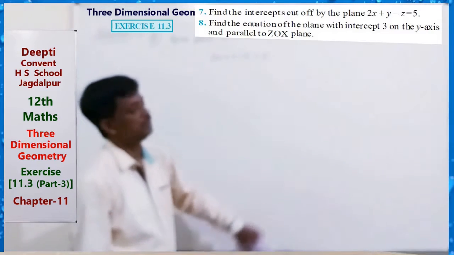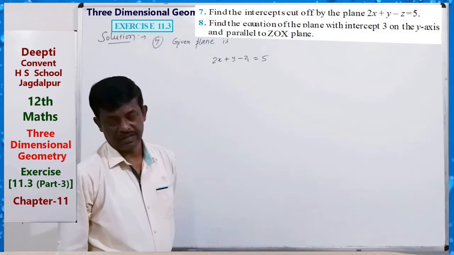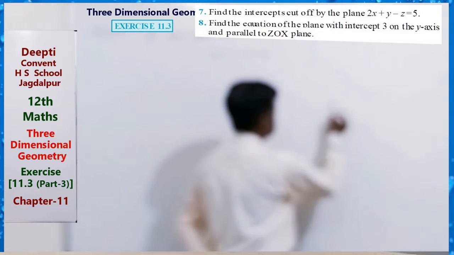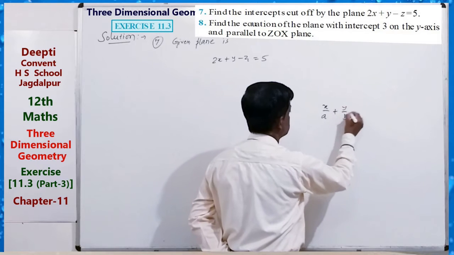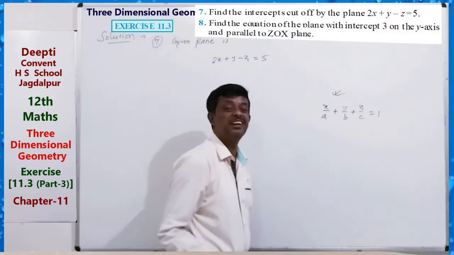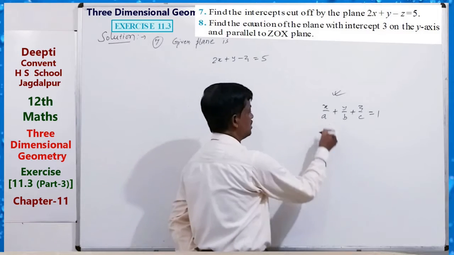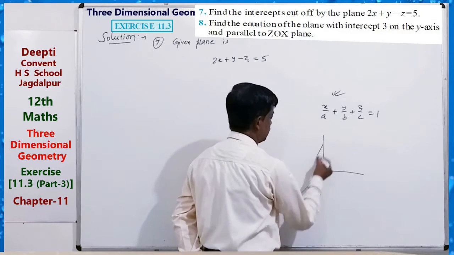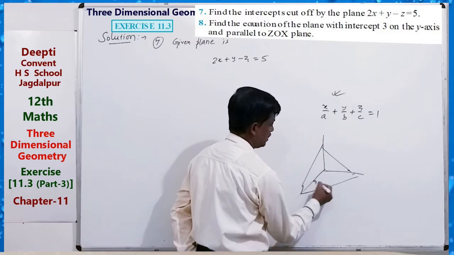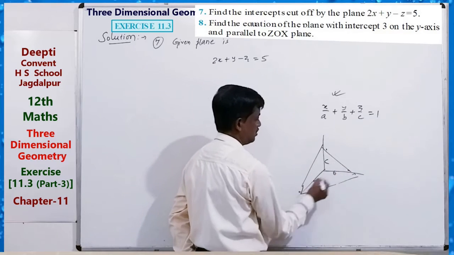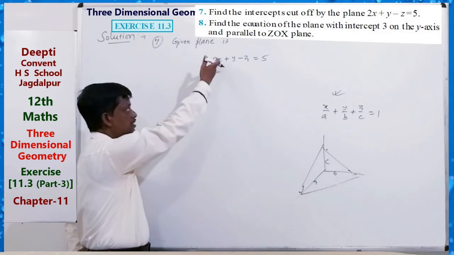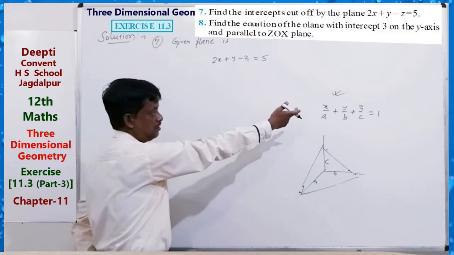This is the given equation of the plane. We have to find intercepts. We know the formula x by a plus y by b plus z by c equals to 1. This is the equation of the plane in intercept form. When our plane cuts intercepts, this is a, this is b, this is c. So just write it in this form.